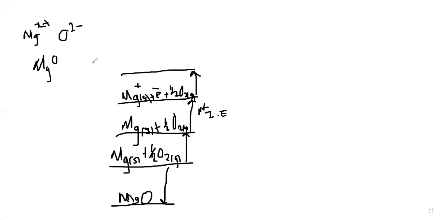But because we're forming the 2 plus ion, it must undergo a second ionization energy to give us Mg 2 plus.